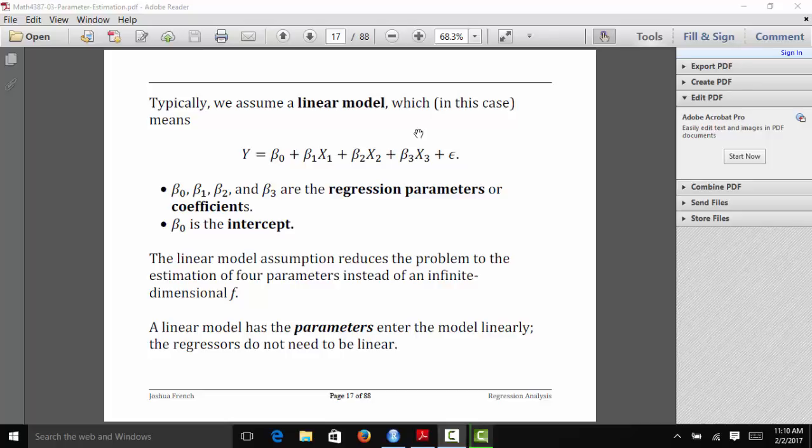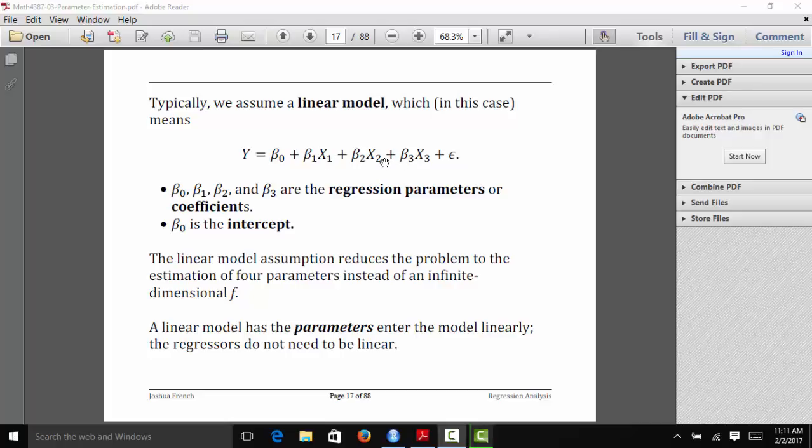Beta naught is still our intercept. And by assuming that our model is a linear model, it reduces the problem from estimating an infinite dimensional f, so infinitely many possible parameters, to a problem where we only have to estimate 4 parameters: beta naught, beta 1, beta 2, and beta 3.